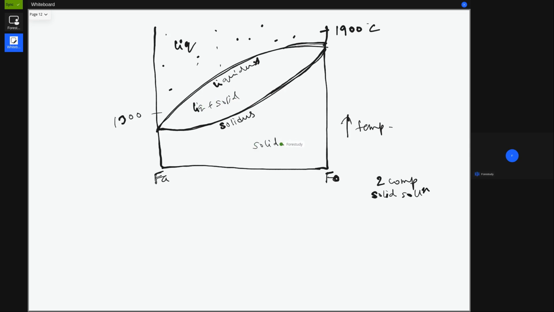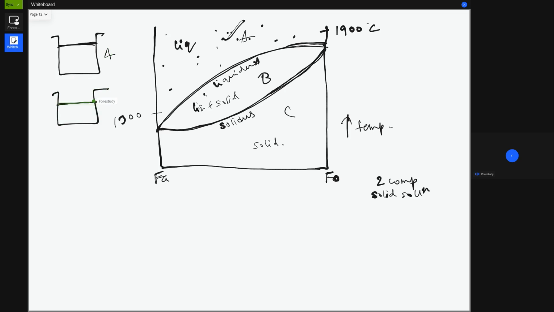So what it means is, if we take a sample from this liquidus part, we will have a complete melt. Melt means complete lava will be there. Say this is A, this is B, this is C. A will have only liquid.